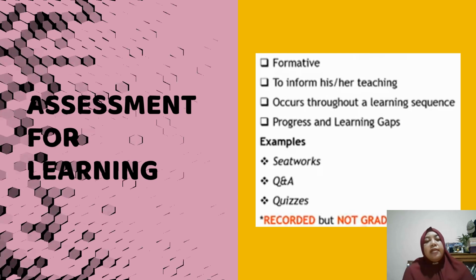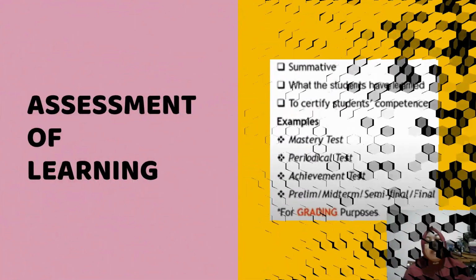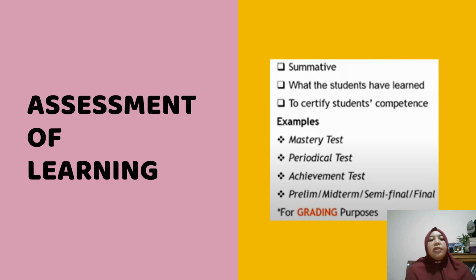The second one is assessment of learning. Assessment of learning is a summative way to see what the students have learned, and it also serves to certify students' competence.